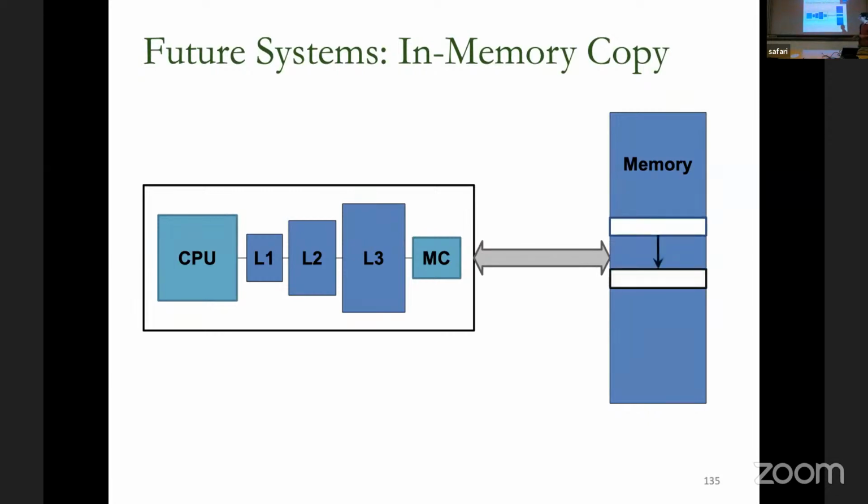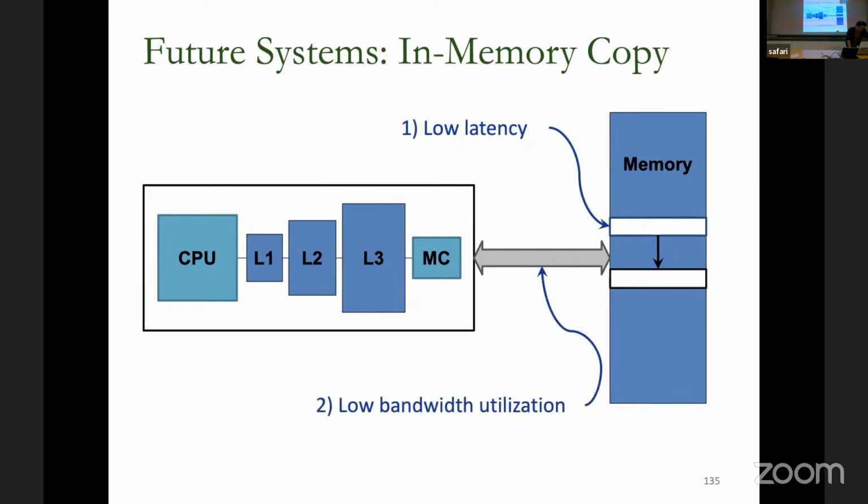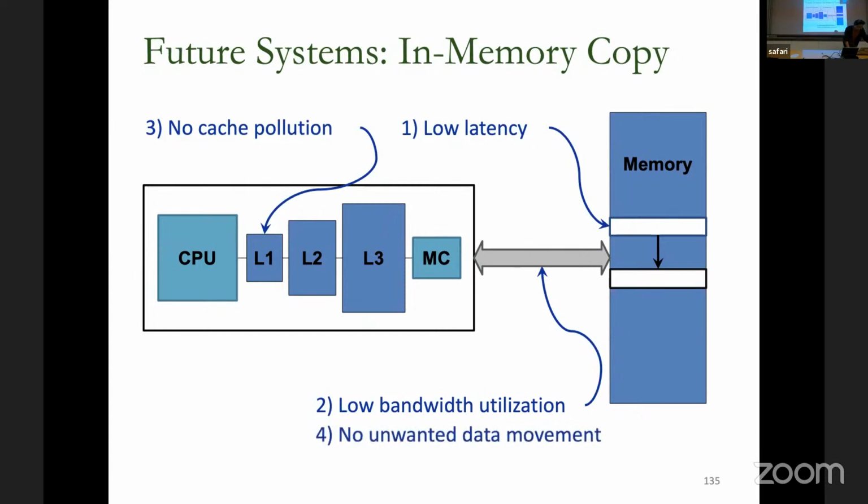Ideally, we can do something like this. We can directly copy inside the memory without having to go out of the memory. And this is going to be low latency. It's low bandwidth utilization because we don't need to use the memory channel, and it doesn't pollute the caches as well, right? We are not bringing data for nothing, for no reuse, because there will be no reuse after we perform the copy.